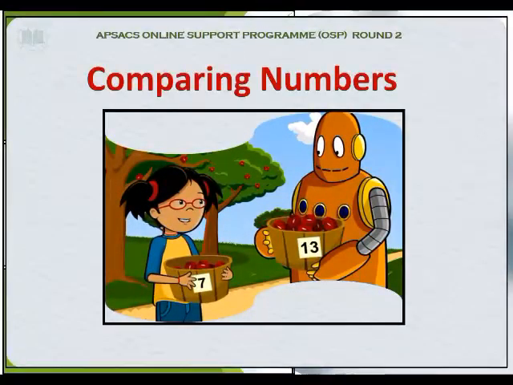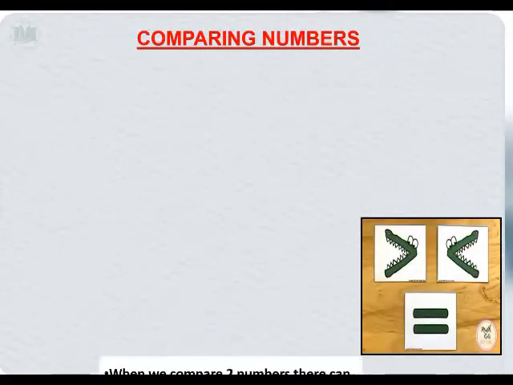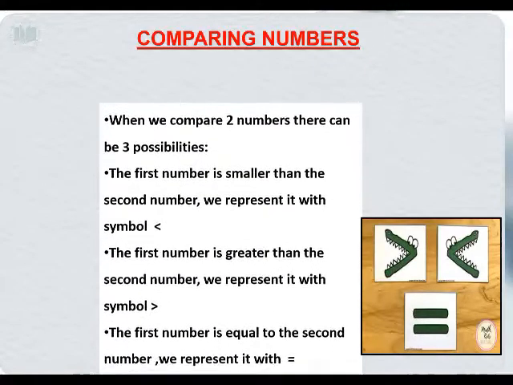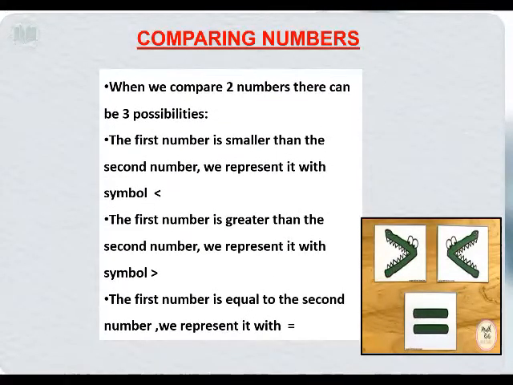Now let's move towards our first topic, that is comparing numbers. So students, how to compare numbers? When we compare two numbers, there can be three possibilities. The first number is smaller than the second number. We represent it with the symbol of less than.